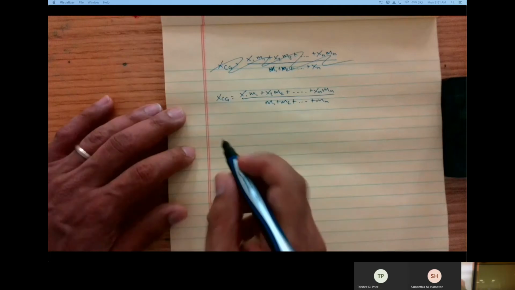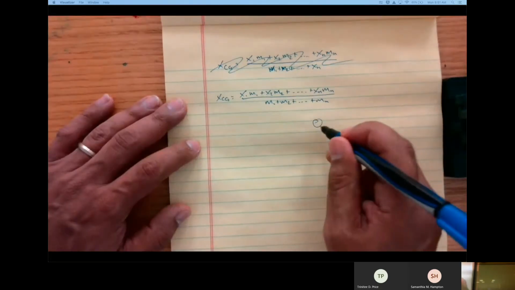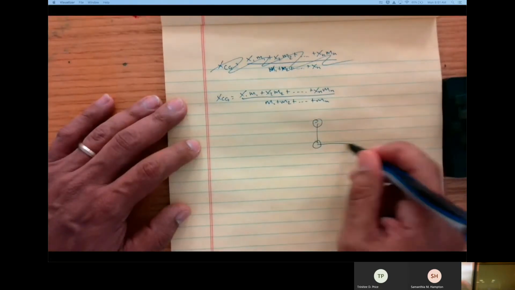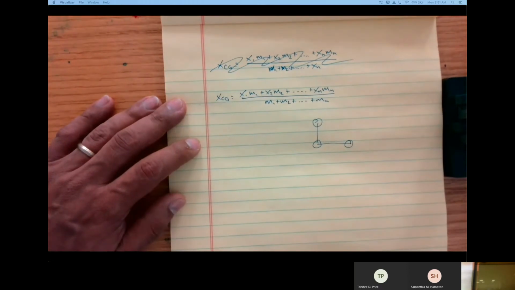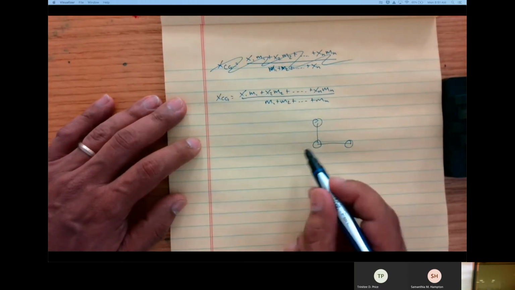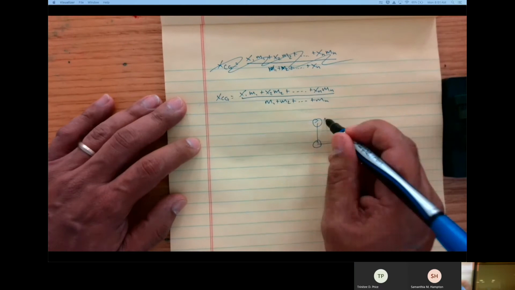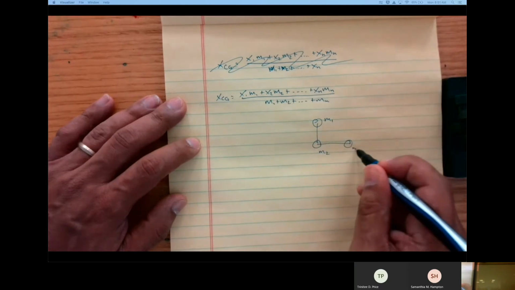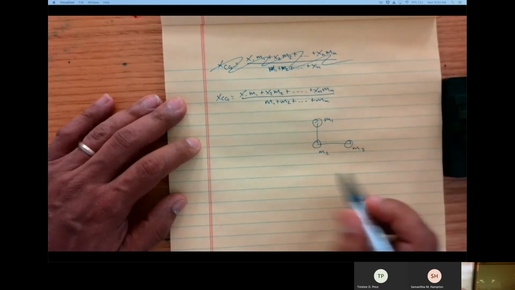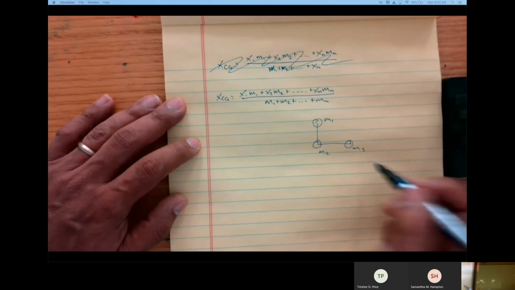If you have a configuration that looks like this, you have a distribution in x and y direction. So the center of gravity has to be in 2 dimensions.